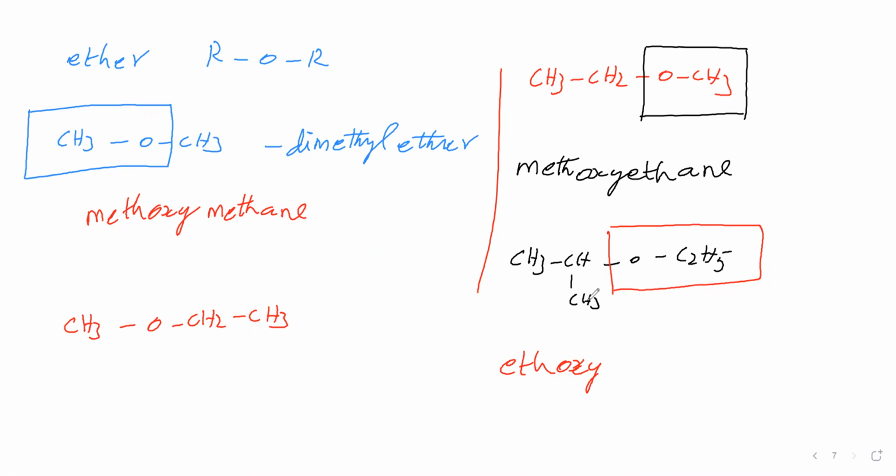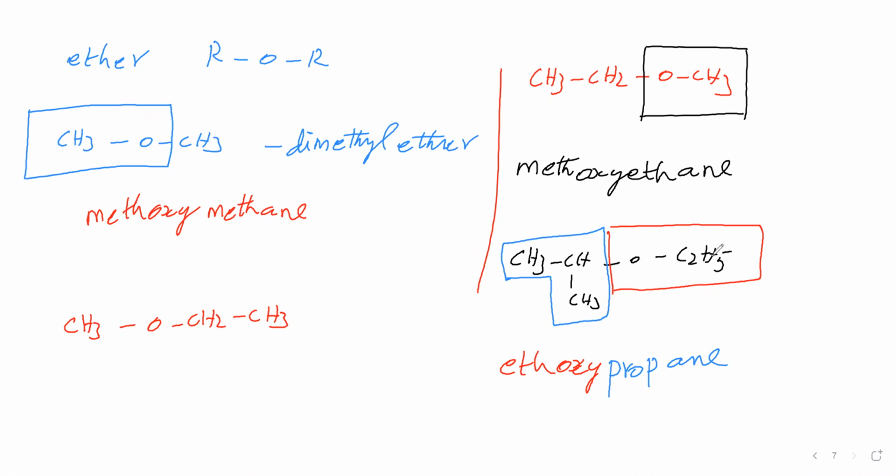Then here we will select the parent chain. What is a parent chain? The longest continuous carbon chain. The parent chain contains three carbons, therefore prop. Carbon-carbon single bond, therefore ane.